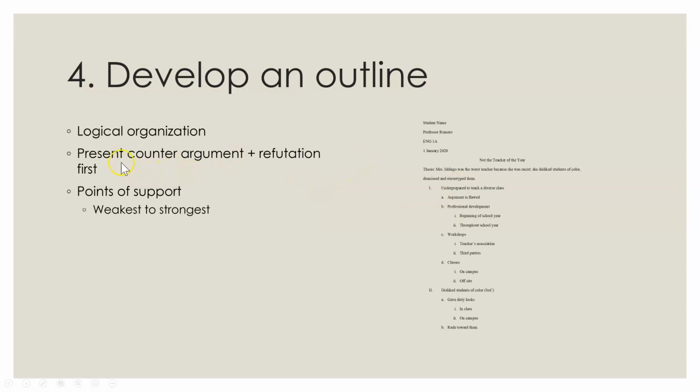As you can see, the outline is pretty logical. It states your thesis. This is not a complete outline. It's only the first page because on PowerPoint, you can't put both pages on there. But it outlines exactly what the paragraphs will contain and in what order.